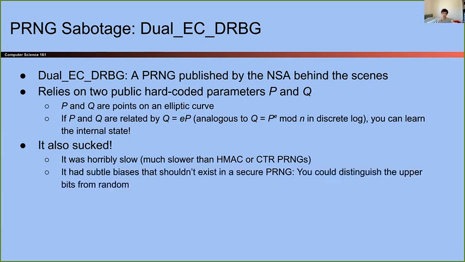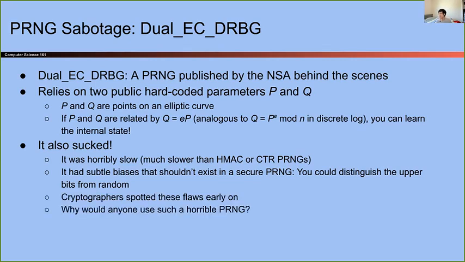You could detect that, oh, these don't look like truly random bits. You can actually see that, oh, these look like outputs from Dual EC DRBG. Cryptographers noticed this the moment the standard was published. And so you have to ask the question, why on earth would anyone publish this standard if this PRNG is just kind of awful?